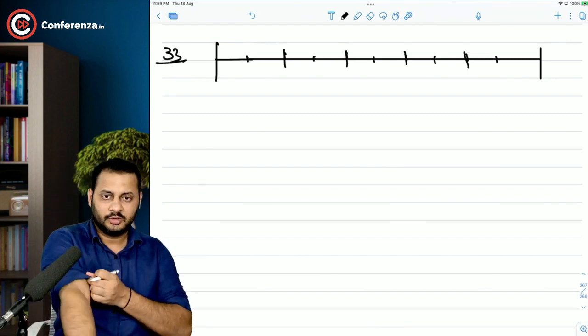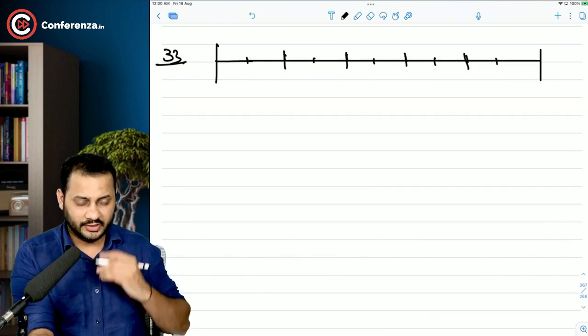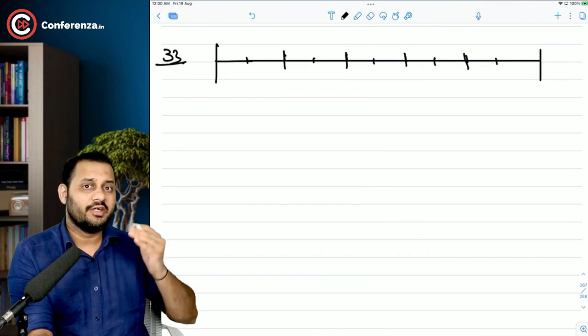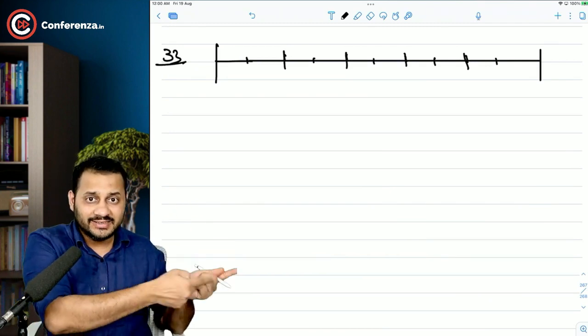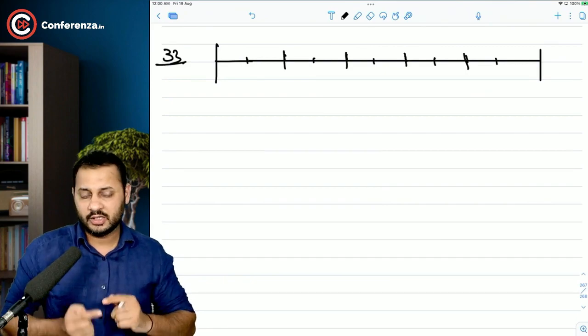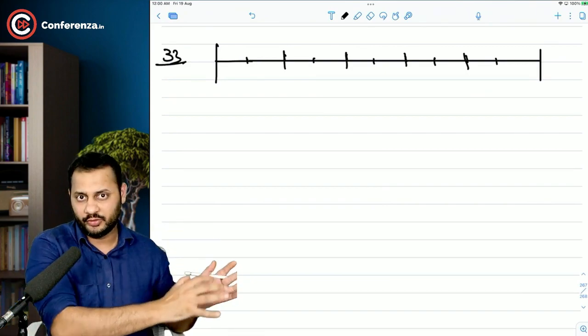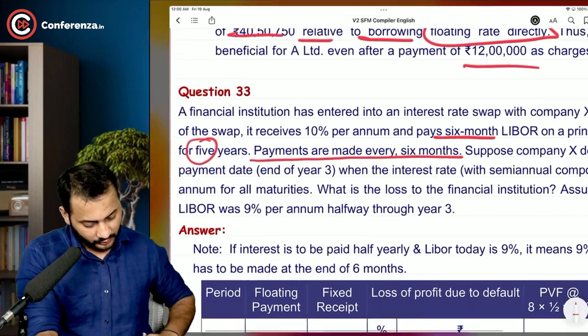Okay. So what was happening? You are a financial institution and you have entered into a swap agreement with another party in which he is going to pay you 10% per annum and you will be paying LIBOR to him. Am I right? LIBOR. Okay.